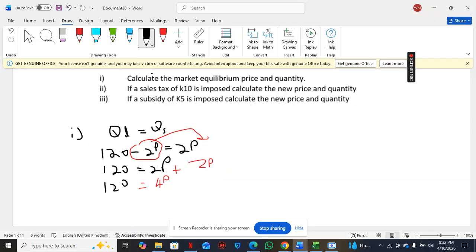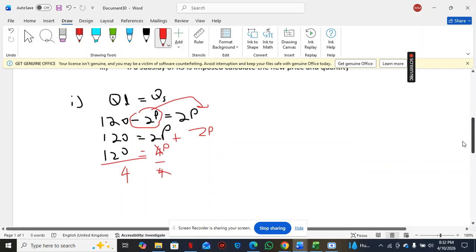To find the value of p, we divide both sides by 4. 120 divided by 4, that gives us 30. So the equilibrium price is 30 kwacha. So when we say the equilibrium price, it means this is how much this good is being sold for, 30 kwacha. Any questions?